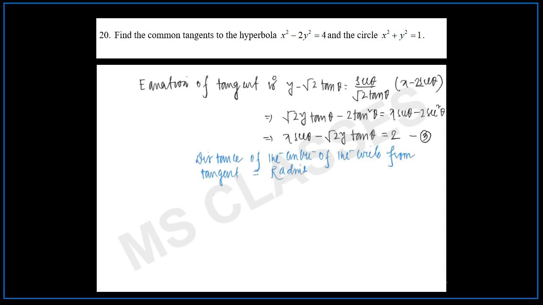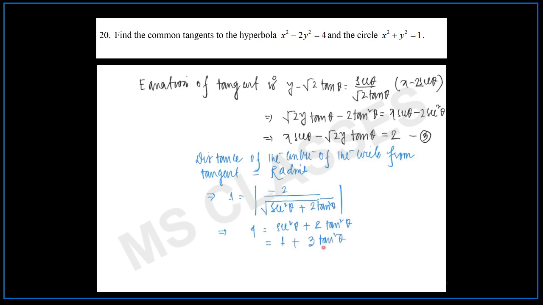So you can write 1 equal to 2 by root of sec square theta plus 2 tan square theta. Further simplification gives 4 equal to sec square theta plus 2 tan square theta. Now sec square theta is 1 plus tan square theta, so it is 1 plus 3 tan square theta.